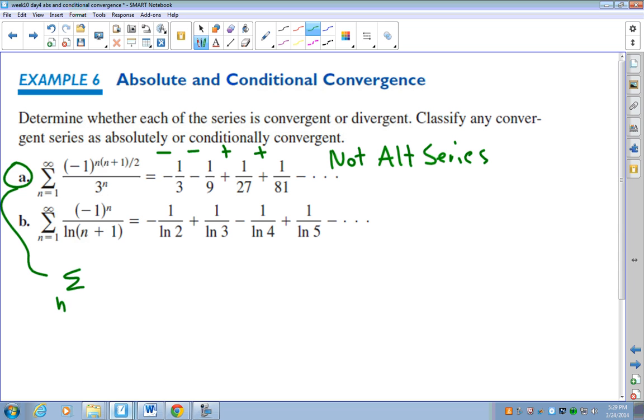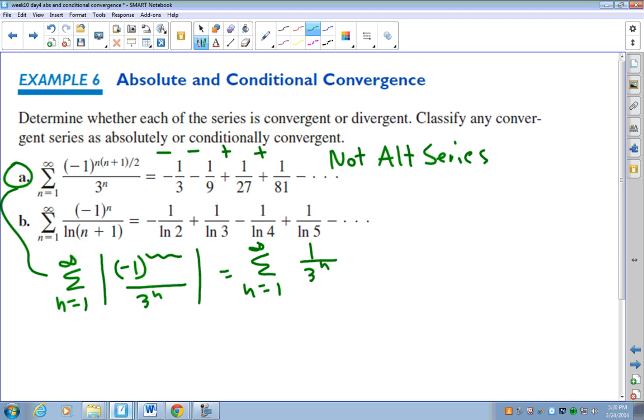So let's look at the absolute value of that whole thing. Okay? This whole -1 to the exponent thing over 3 to the n, I don't care what in the world that exponent thing is. When I do the absolute value, I am looking at the sum from n equals 1 to infinity of 1 over 3 to the n.